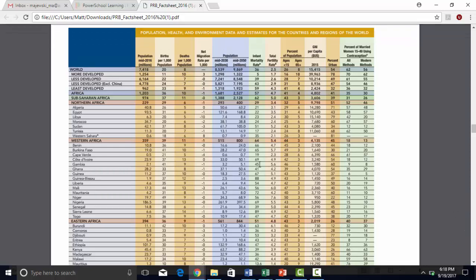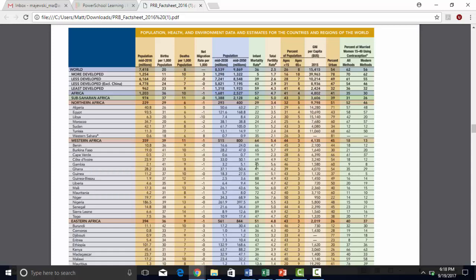Holy moly, that's a lot. And the total fertility rate is 5.6. That means 45 out of every 1,000 children do not make it to 1 year old there. That's about 4.5% of the population. And total fertility, 5.6, means that on average, the average woman is having 5.6 kids in that country throughout her adult life.